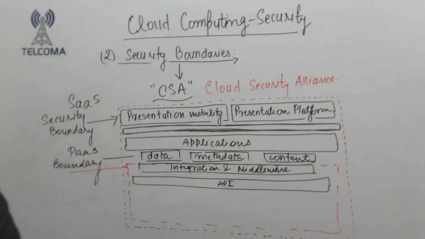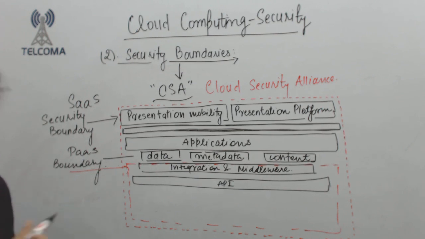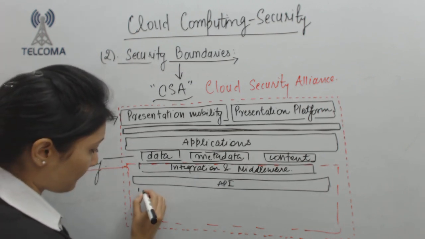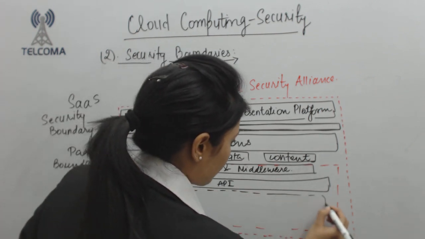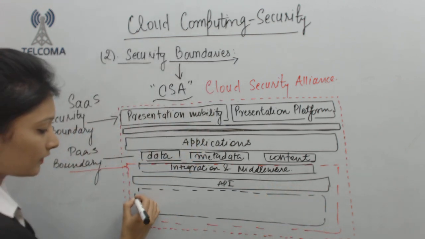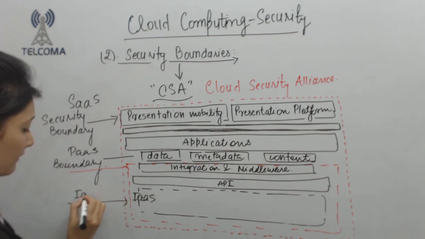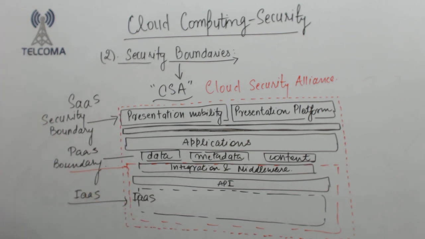Now after that, we have the infrastructure as a service. So this is for your infrastructure as a service, and it will have its own boundary here.